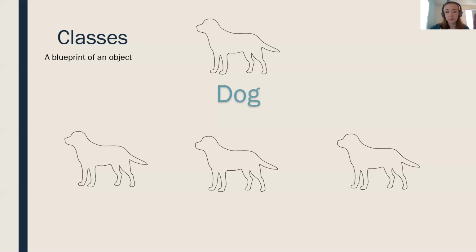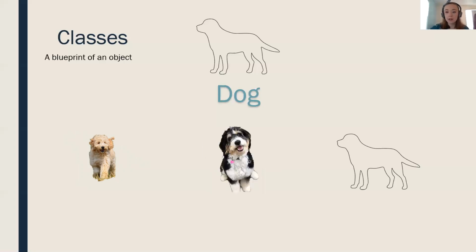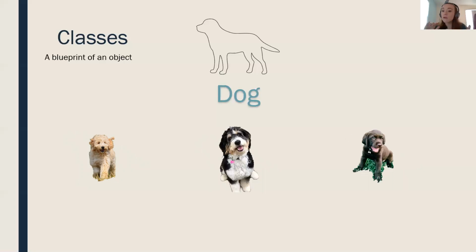When we fill in the extra bits, that's when it becomes a dog. Because we've already created the idea of what a dog is at its core, we can create different dogs that have different attributes. They're different breeds, they have different weights.